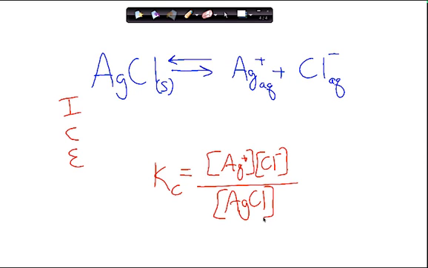But you saw what happened, right? Why is this wrong? Because AgCl is a solid. It does not have a molarity, therefore it does not go in the Kc expression.